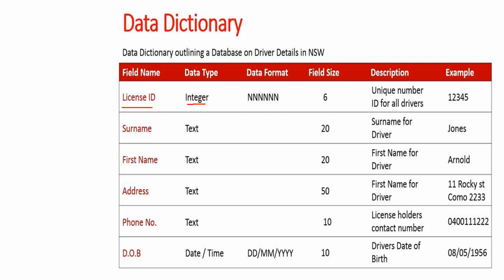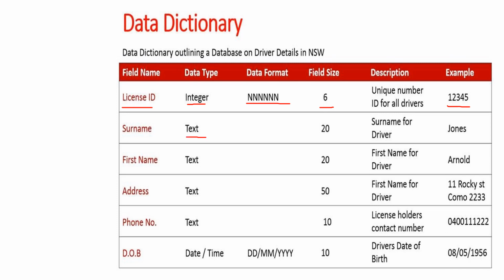And the data format is NN. You can put the format here just to restrict it, and for the field size you put only 6 digits. The description: unique ID number for all drivers, so it cannot be two of the same number. So this is an example.